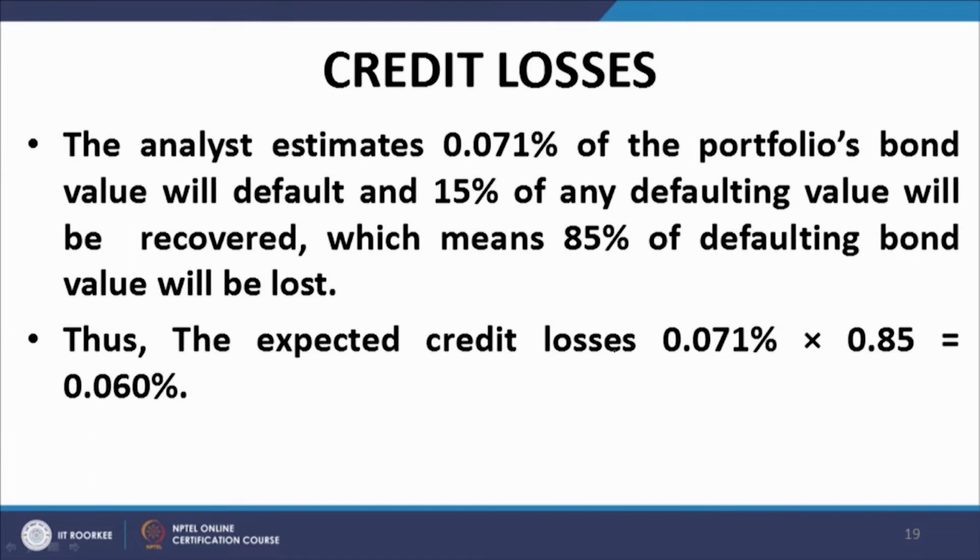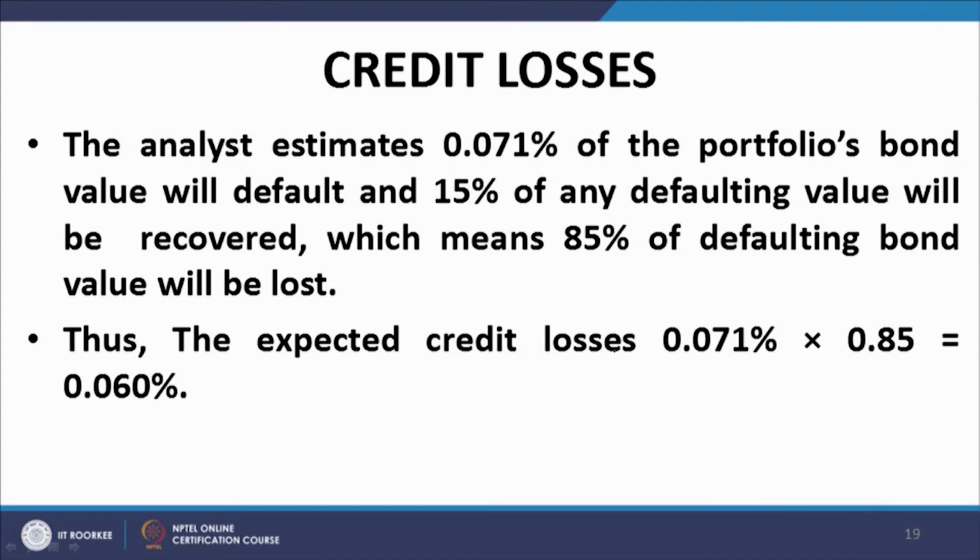As far as the credit losses are concerned, the analyst estimates that 0.071% of the portfolio's bond value will default and 15% of any defaulting value will be recovered, which means 85% of defaulting bond value will be lost, and this implies that the expected credit losses are 0.071% into 0.85, that is equal to 0.06%.